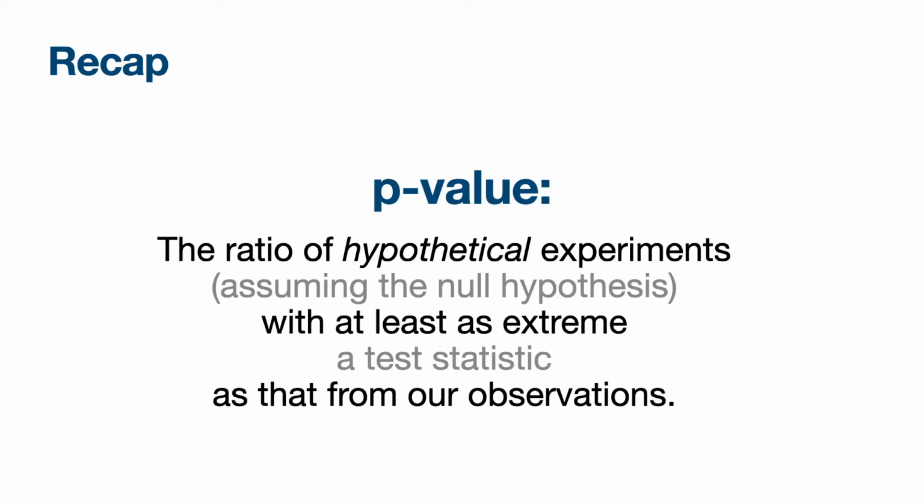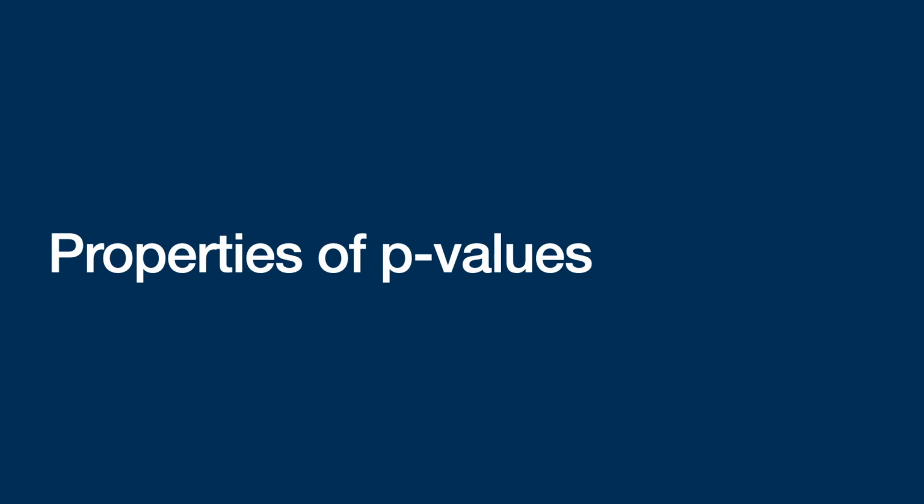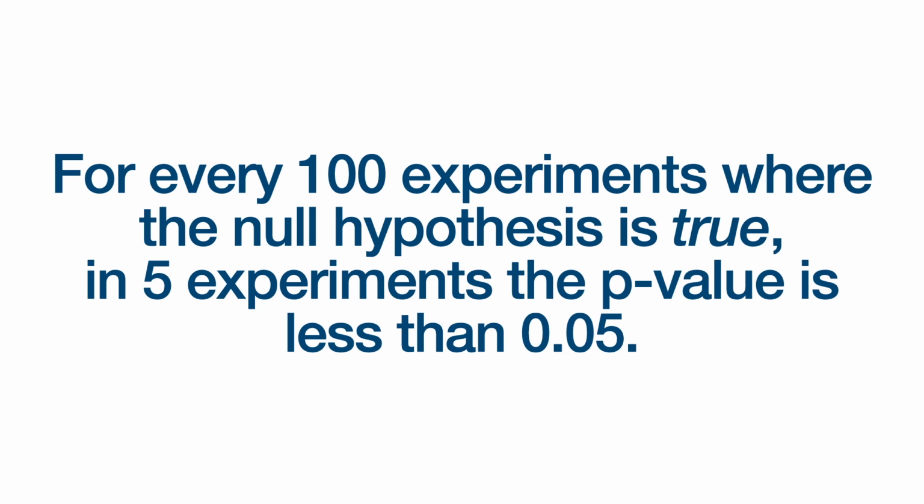Again, the p-value is the ratio of hypothetical experiments that satisfy the null hypothesis with at least as extreme a test statistic as that from our observations. For every 100 experiments where the null hypothesis is true, in 5 experiments the p-value is less than 0.05.